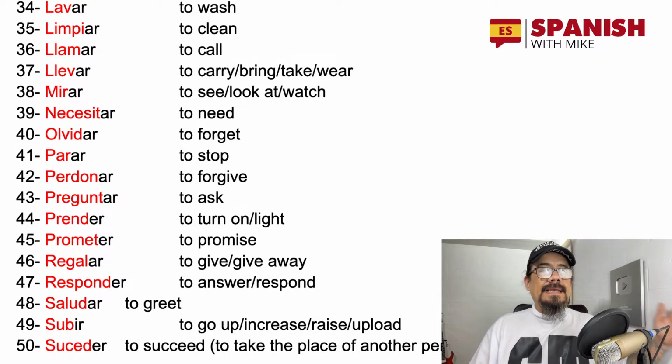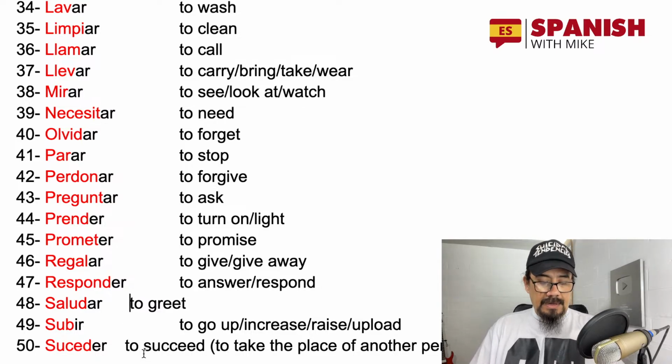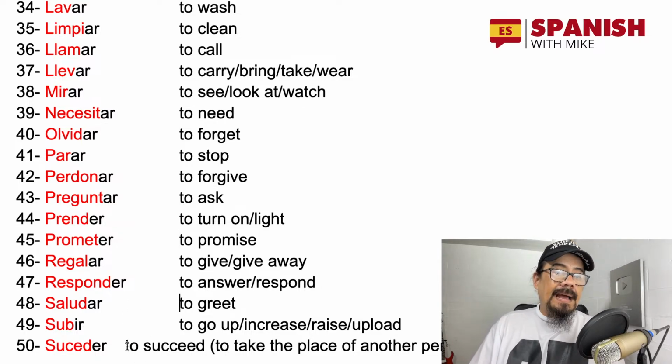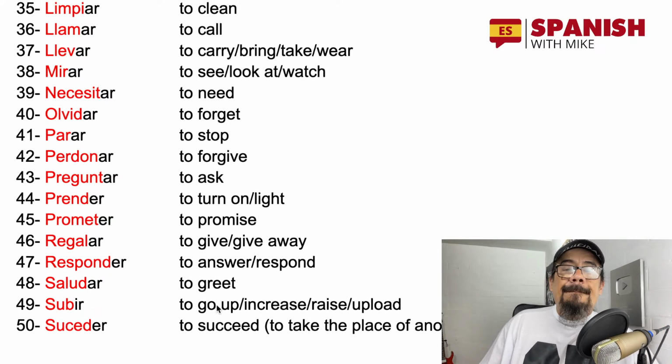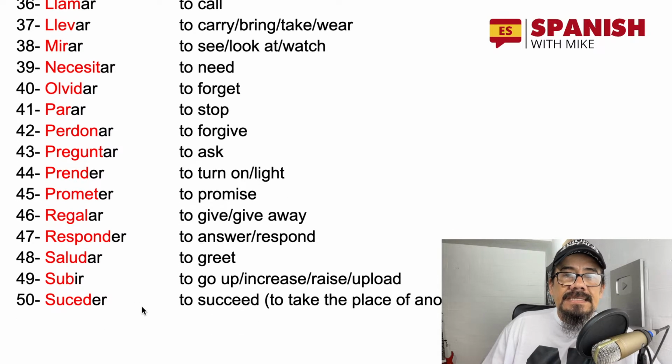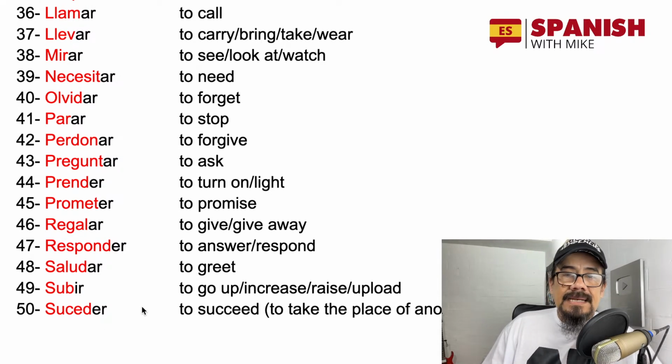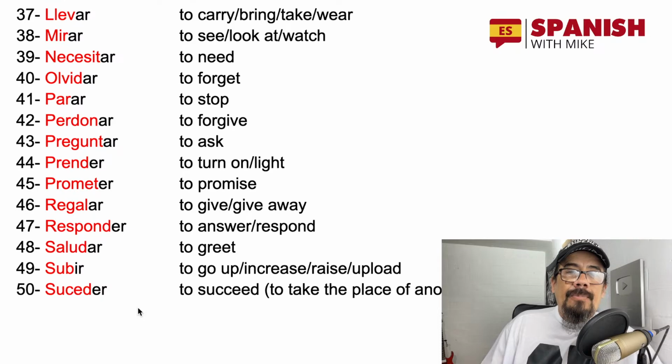Limpiar, limpiando. Number 36, llamar, and in ar. Llamando. Number 37, llevar, and sin ar. Most of the verbs from this list end in ar. Llevando. Number 38, mirar, mirando.